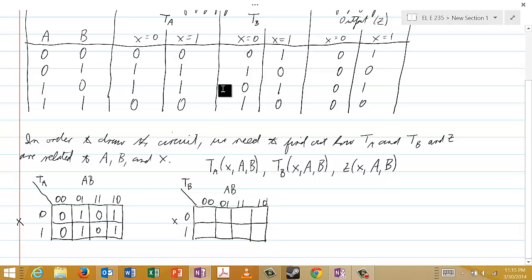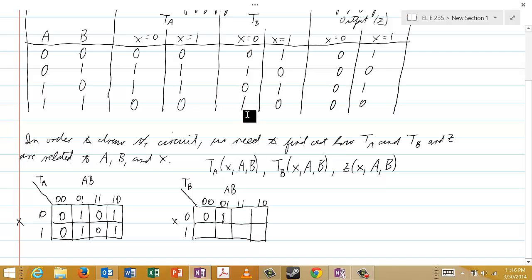Okay, so now for TB, when X is equal to 0, we have this column that needs to be transferred to the Karnaugh map. So the first entry is 0, and the next entry when A is 0 and B is 1 will be 1.